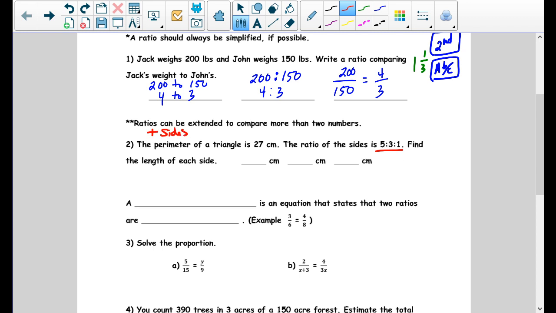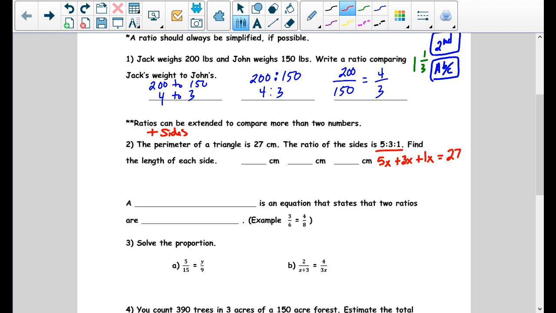So all the sides add up to 27. Okay? So to do this, we're going to set up this equation, and I'm just putting an x with each ratio. So 5x plus 3x plus 1x all add up to 27.